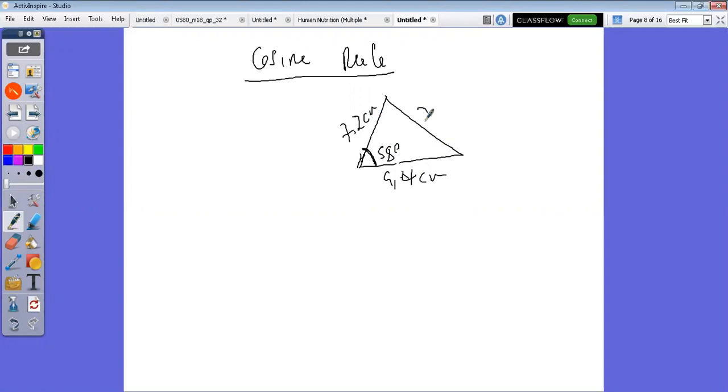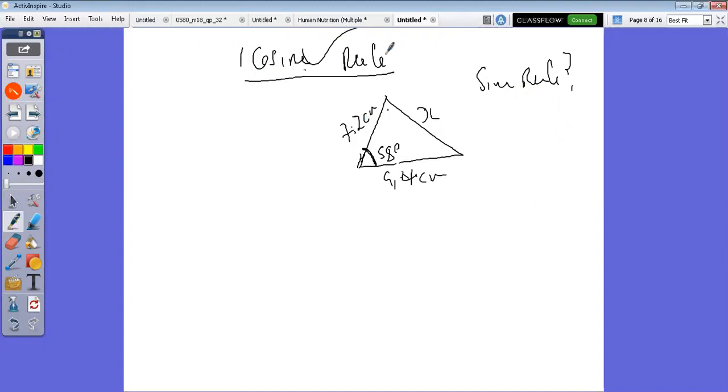And I want to find the third side. Can we use sine rule? We'll be stuck. Because if I say sine this angle over that, then this one I don't have a pair, this one I don't have a pair. Can you see that? So sine rule, we can't, because we don't have pairs. We can only use cosine rule. Makes sense?